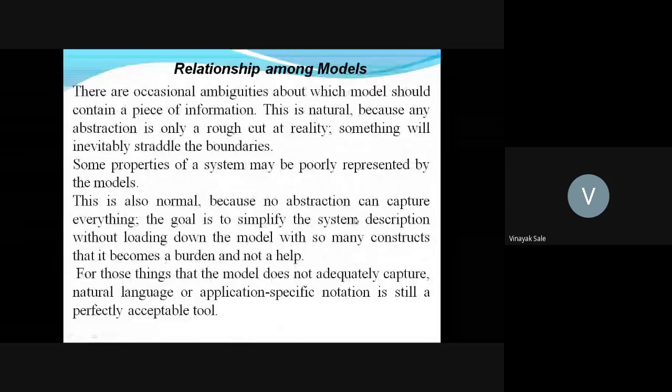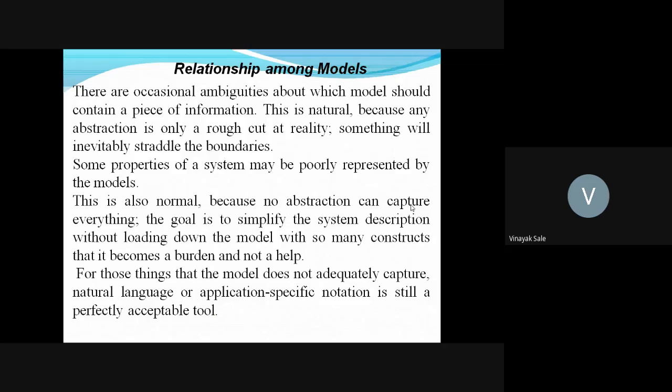There are occasional ambiguities about which model should contain a piece of information. This is natural because any abstraction is only a rough cut at reality. Something will inevitably straddle the boundaries.